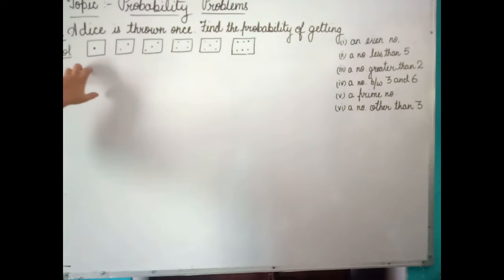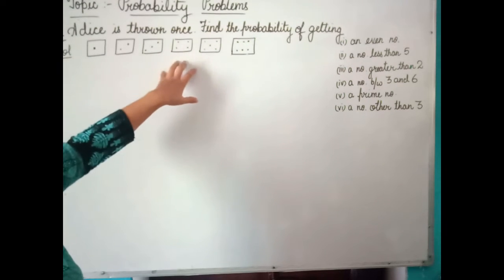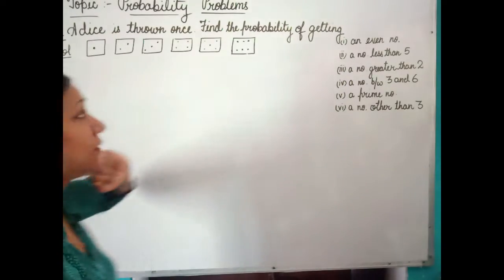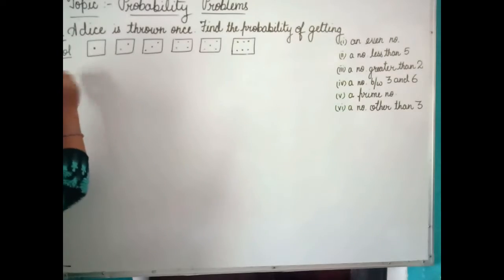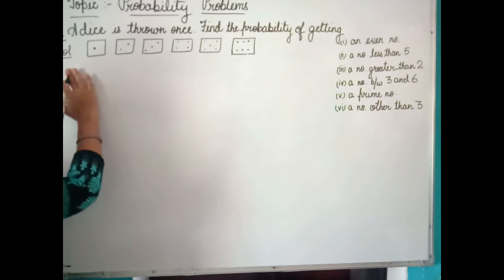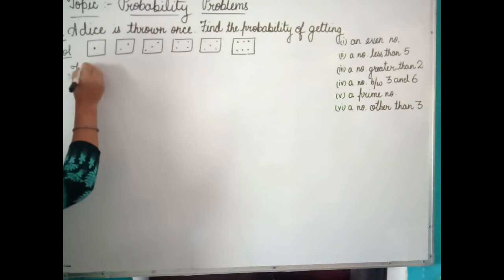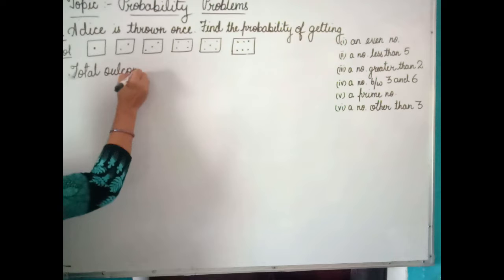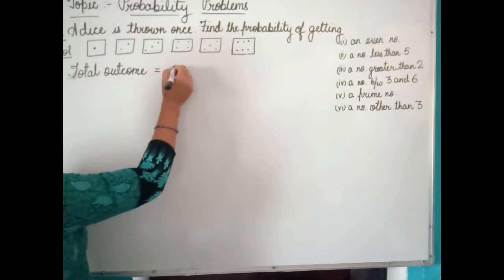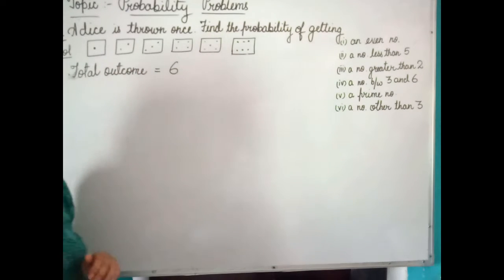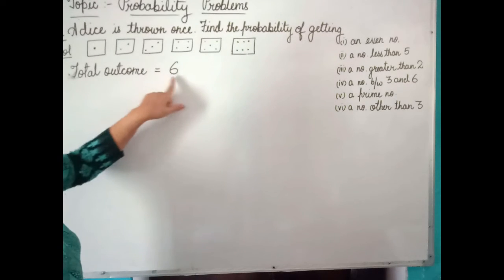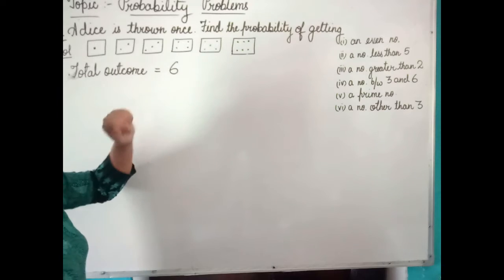With the help of these faces and outcomes, we are going to find the probability of these terms. First, let us know the given terms. What is the total outcomes of a dice? The total outcome for a dice is 6. The maximum result we can get is 6. So the total outcomes in the case of a dice is 6.